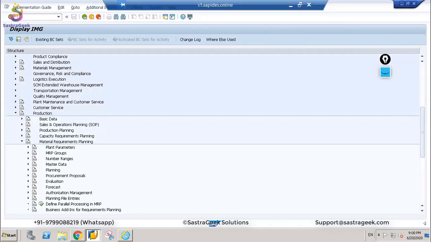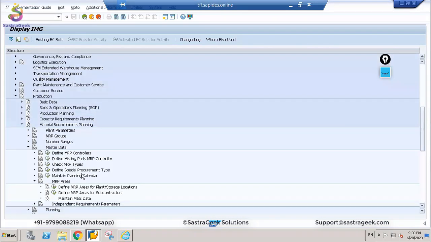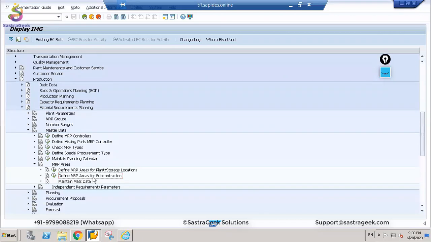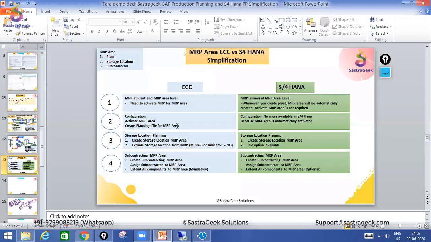See. Here, we directly have Define MRP Area and Define Subcontracting MRP Area. In earlier ECC, we had Activate MRP Area. That's what I actually showed you in the screen, this kind of configuration was there. Now that is not available.